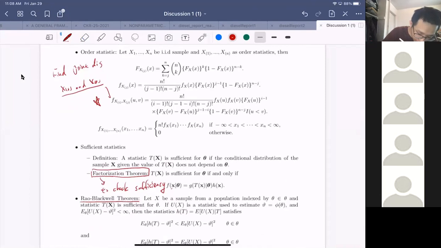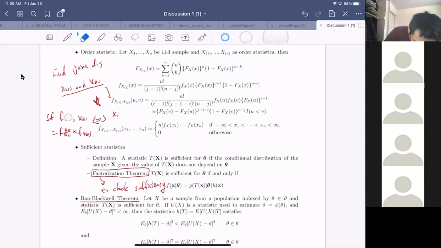So if the joint distribution of this one can be equal to this, if and only if S1 divided by Sn and S1, Sn, they are independent.